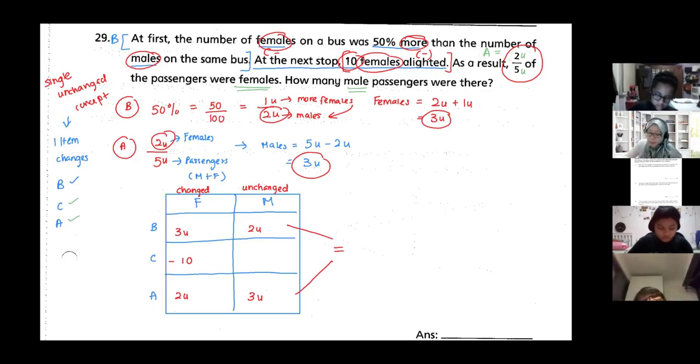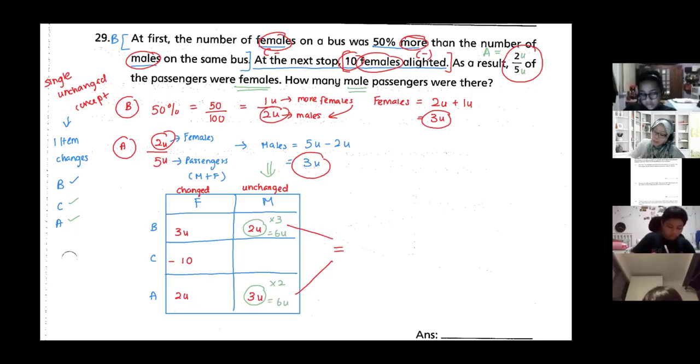But if you look at the male column, the male is 2 units before and 3 units after. That cannot be, right? You have to make it the same. So I times 3 and I times 2. Then here is 6 units, and here is also 6 units.